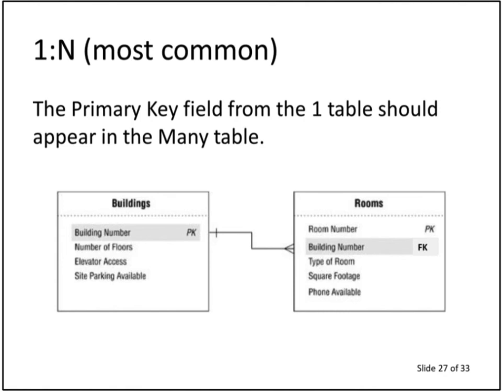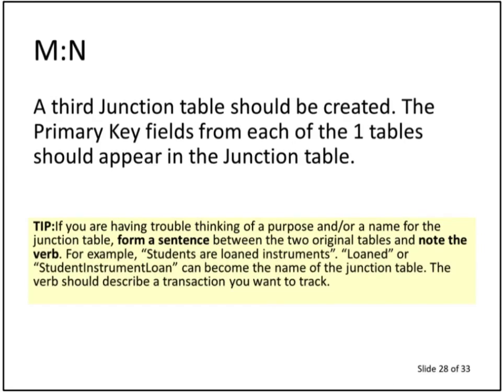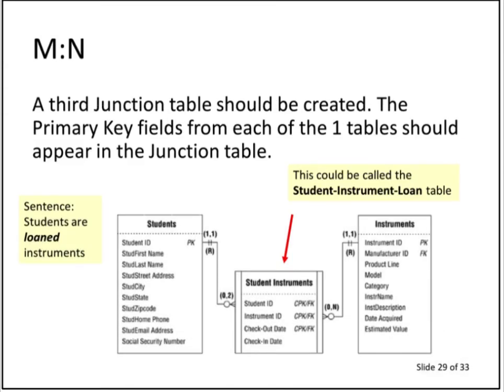Now let's take a look at the rule for many-to-many relationships. In many-to-many relationships, it's a little bit different. The rule is a table needs to be created, and then the primary key fields from each of the one tables should appear in the junction table. Now, sometimes when you create a third junction table, you have trouble thinking of a name for it.